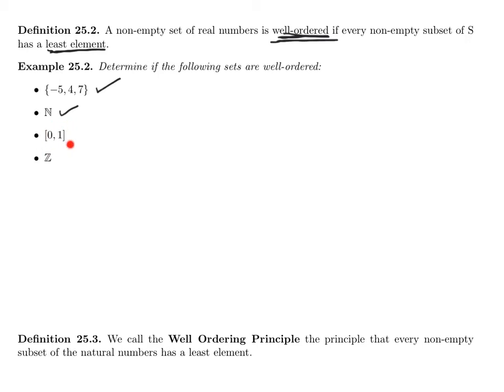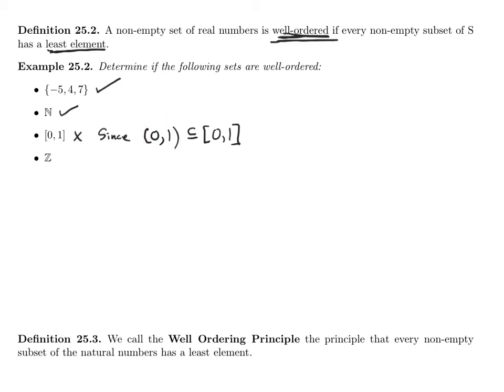Well, let's look at this set, the interval from 0 to 1 inclusive, the closed interval. Is this well ordered? And the answer is no. And why not? It's because there is indeed a subset inside of here that doesn't have a least element. We know that the open interval between 0 and 1 is a subset of the closed interval from 0 to 1.